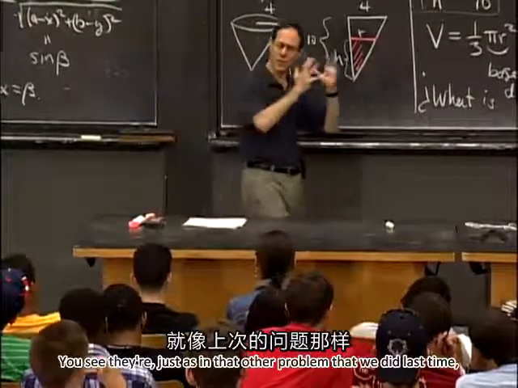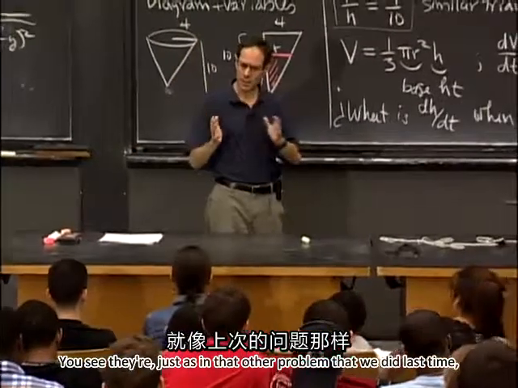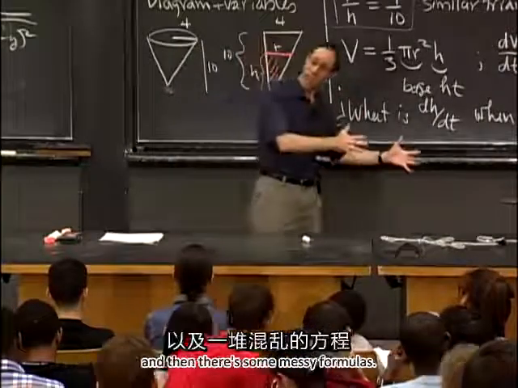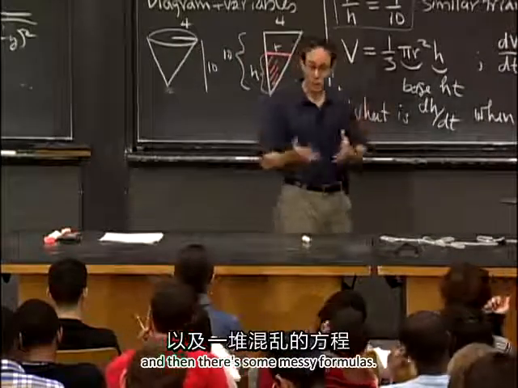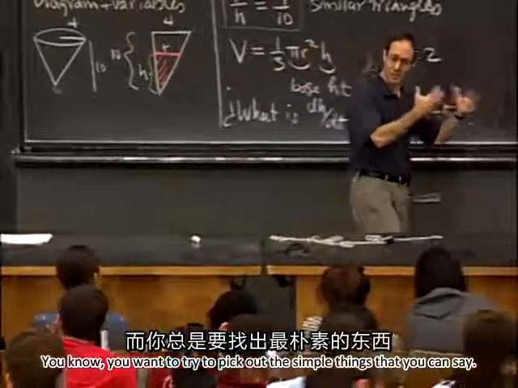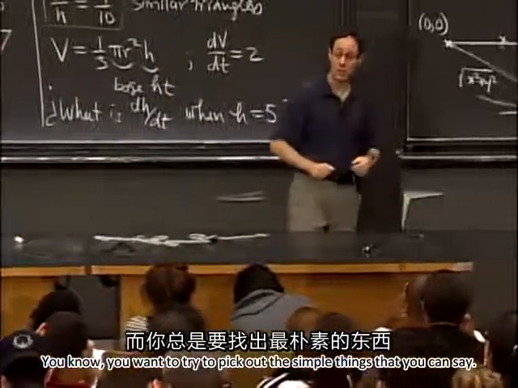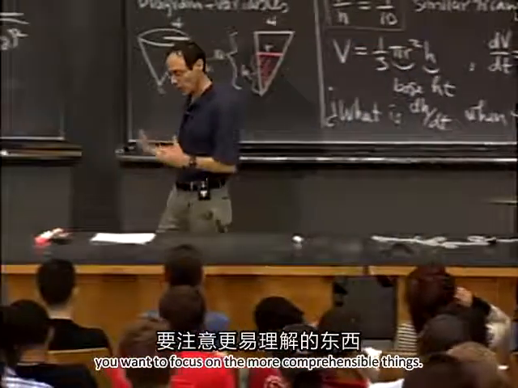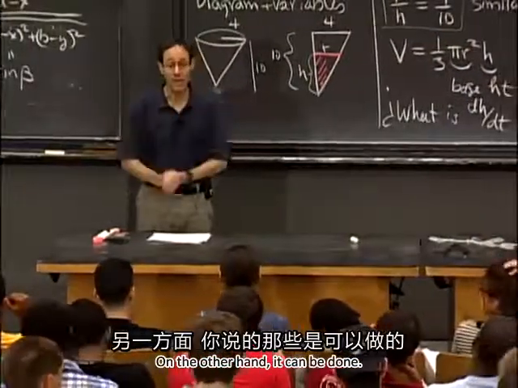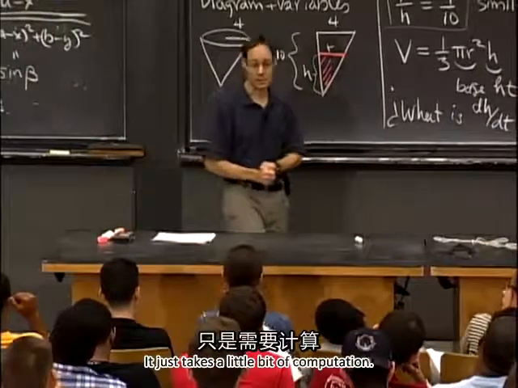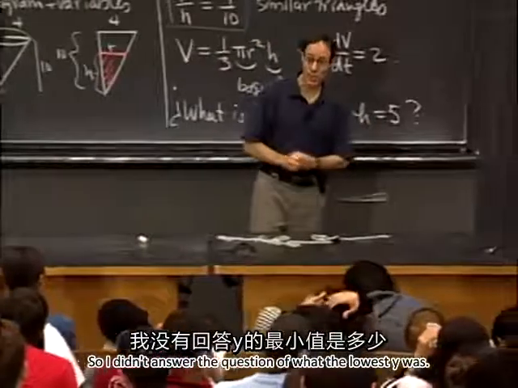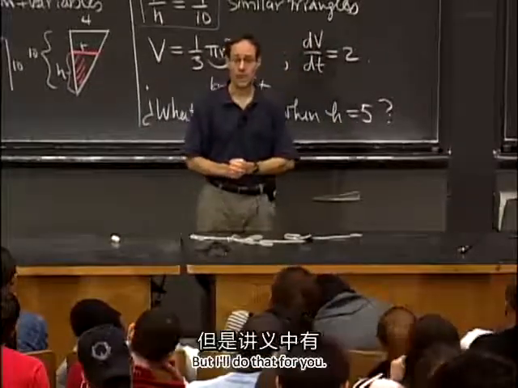You see, they're just as in that other problem that we did last time. There are some illuminating things you can say about the problem, and then there are some messy formulas. You want to try to pick out the simple things that you can say. In fact, that's a property of math. You want to focus on the more comprehensible things. On the other hand, it can be done. It just takes a little bit of computation. All right, so I didn't answer the question of what the lowest y was, but I'll do that for you.